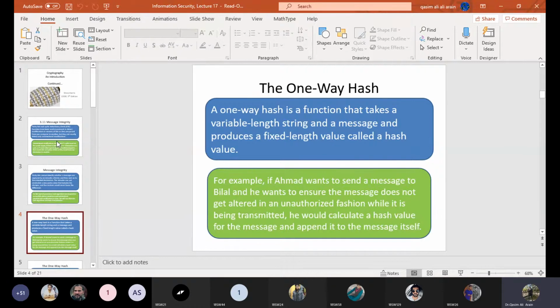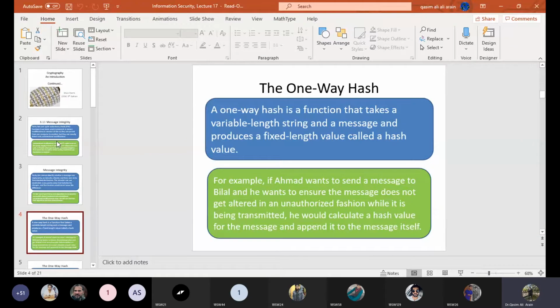Now what happened in a one-way function? We were going to calculate certain values at the sender's end by using certain symmetric keys, but here we don't have to use any type of key. Now what will happen is that we have a one-way hash function, I mean some sort of software or algorithm, or it might be any type of function, right?